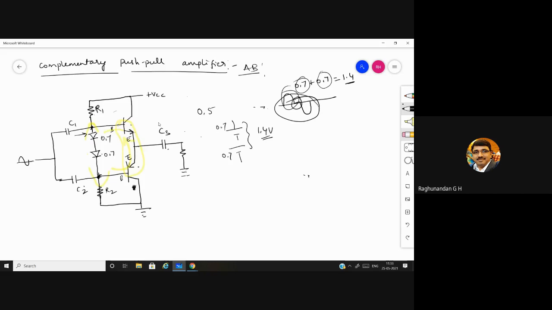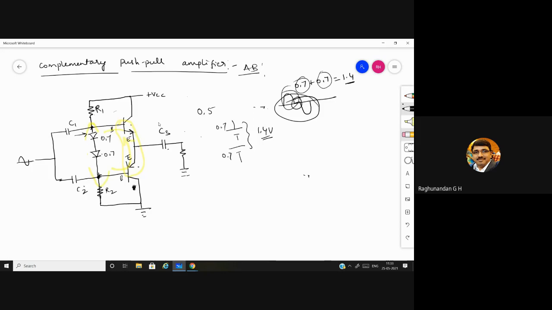So that 1.4 will appear across this, such that it is going to nullify the cut-in voltage which occurs across the base emitter and base emitter, so that zero crossing distortion will be avoided.